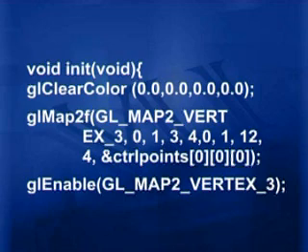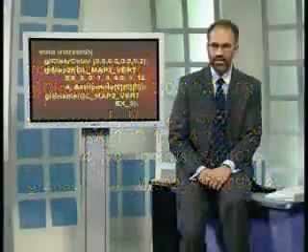Try to map all these values onto the basic form of glMap2f that we discussed earlier on, and see what each of these parameters stands for, and what we are talking about when we are using a 4 over there and a 12 later on. glEnable GL_MAP2_VERTEX_3. So having defined it, we enable the map.